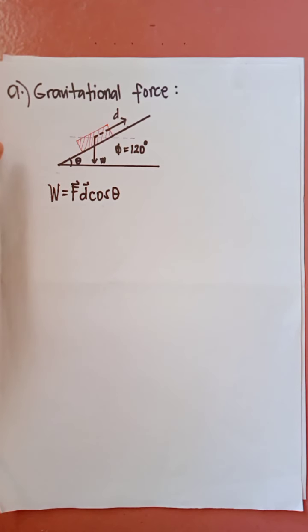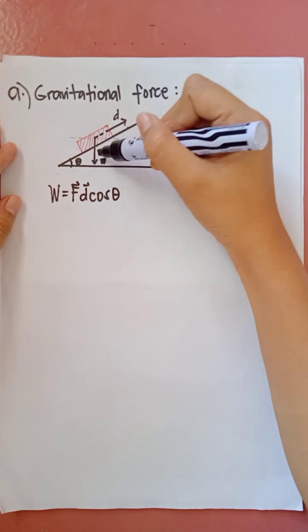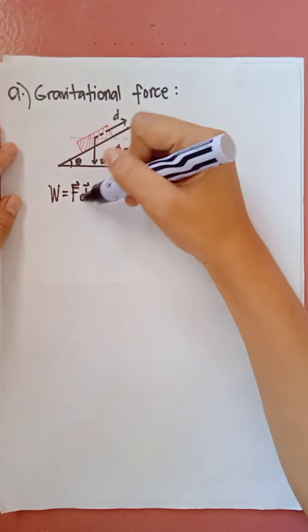All right, so we have to understand the diagram for us to come up with the answer. Okay, so the weight is this one, and the displacement is this line right here. Or we can also have this one, the inclined plane.